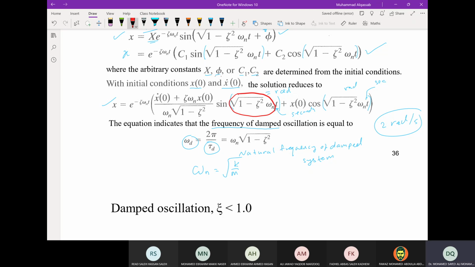I am only saying that the frequency of oscillation is altered to omega d rather than omega n. So if you add a viscous damper so that the system is underdamped, the frequency of oscillation will change to omega d instead of omega n. But this, you use as omega n. There is no trick here. This omega n is as it is. Only this is omega d.